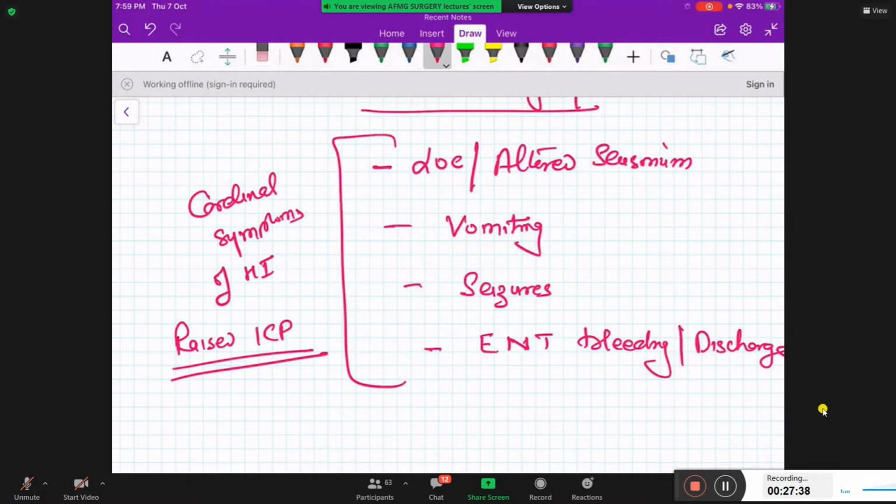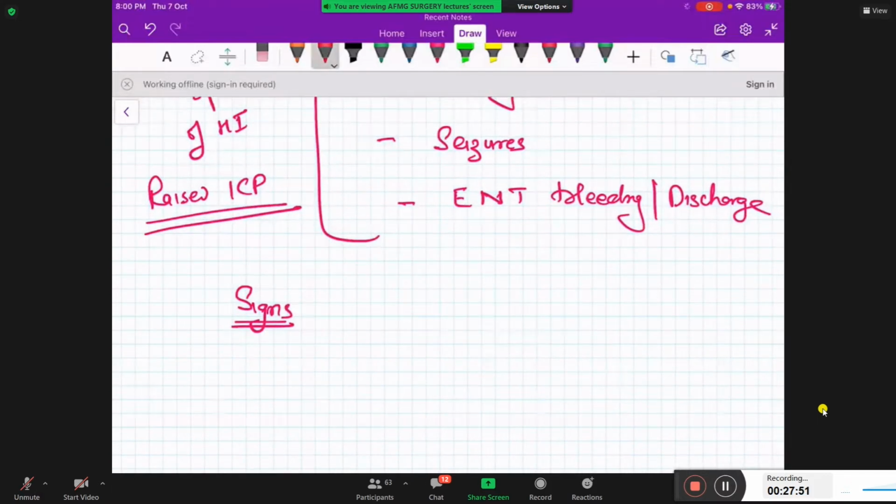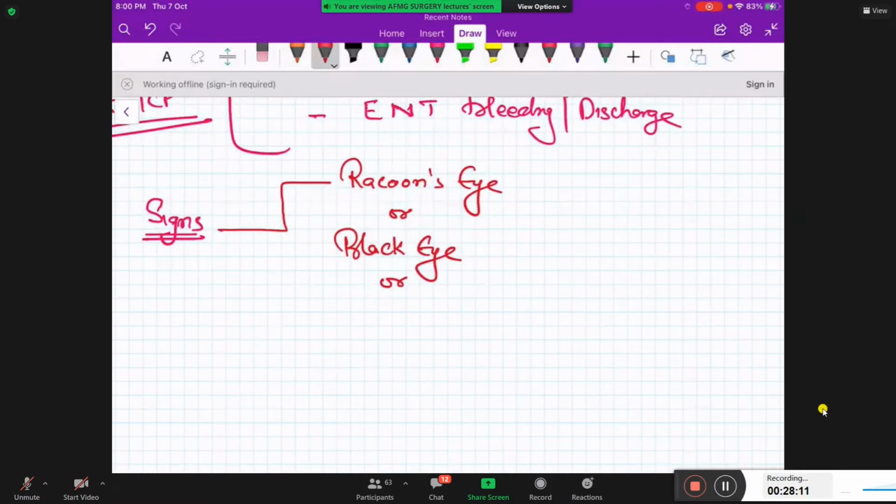Simple. Now, there are certain signs also of head injury. What are the signs of head injury? One. The signs of head injury are raccoon eye sign or black eye sign or panda sign.